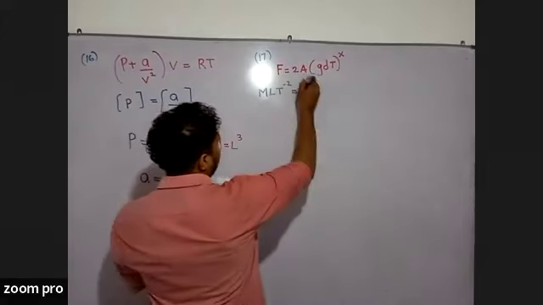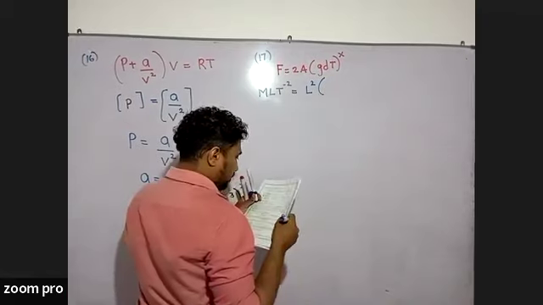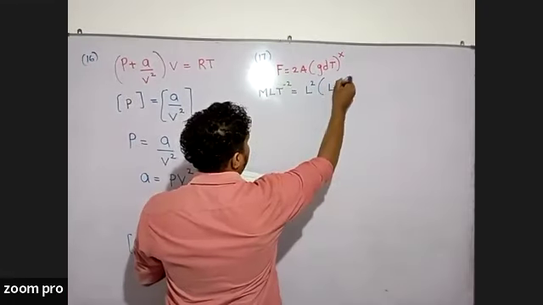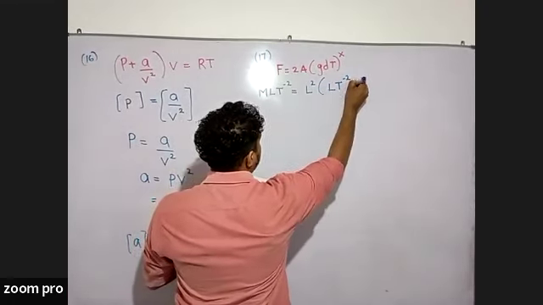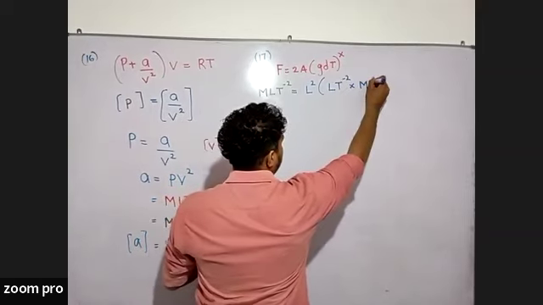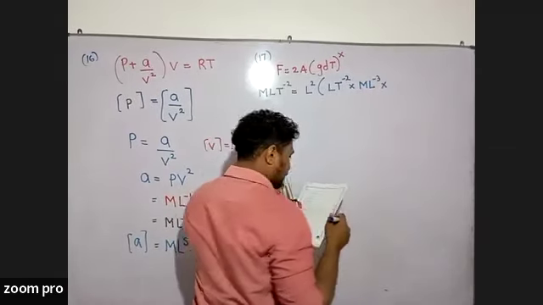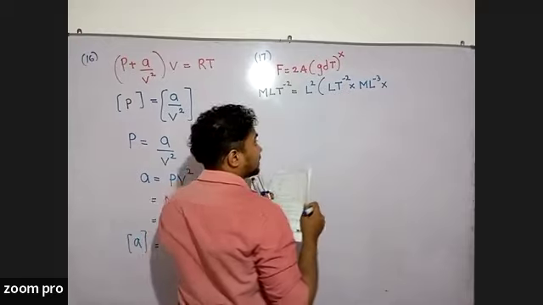So A means L squared, then G means L T to the power of minus 2. D means density, so the dimensions of density equal M L minus 3, and T means surface tension.